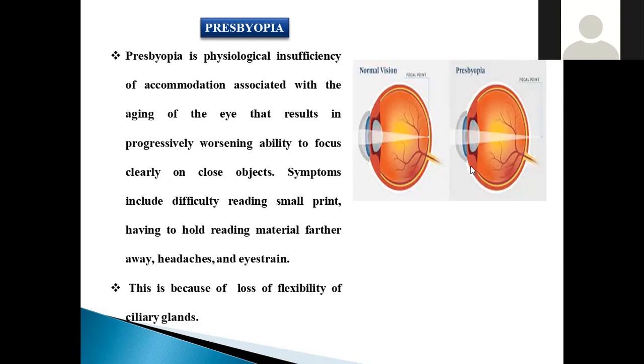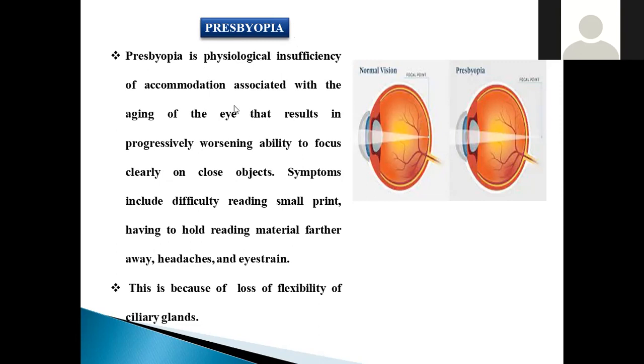In the case of presbyopia, the image may form away from the human eye, or otherwise in front of the retina. That means there is a possibility of myopia or hypermetropia. Both are possible, but this kind of condition arises due to aging of the person.